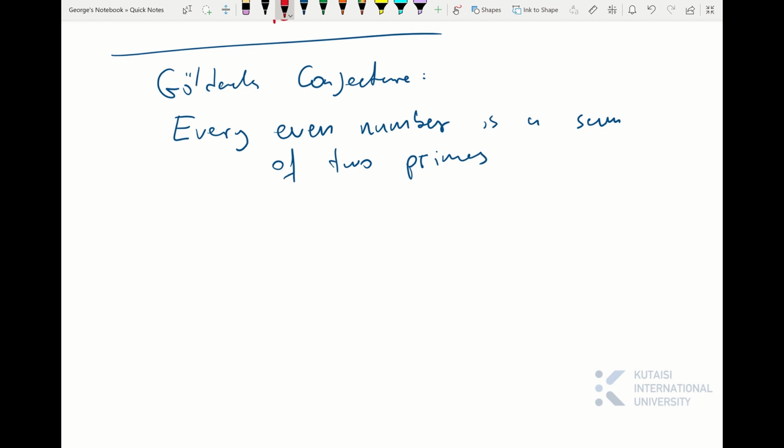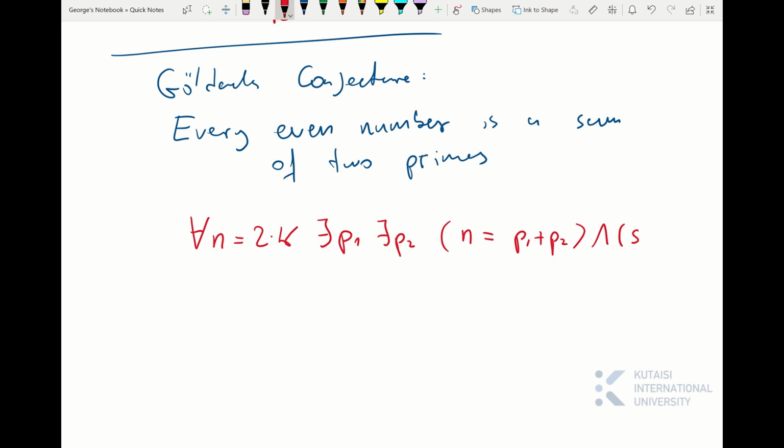I don't know, I haven't done this before. Let's try this. That this can be written down this way. For any n which is equal to 2 times k, maybe, there exist p1 and there exists p2 such that n equals p1 plus p2, and if s divides p1, then s equals 1 or s equals p1.